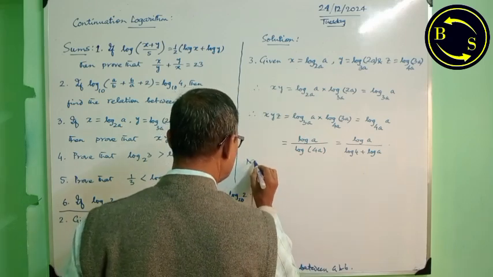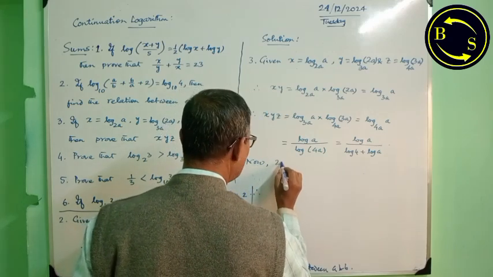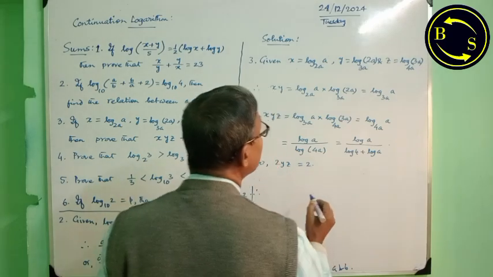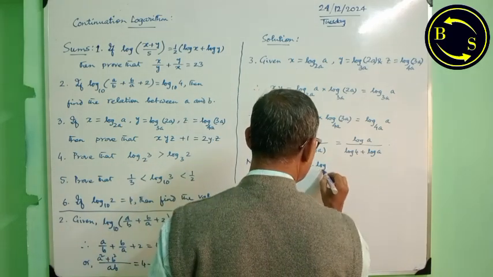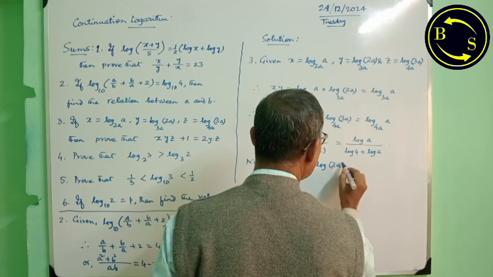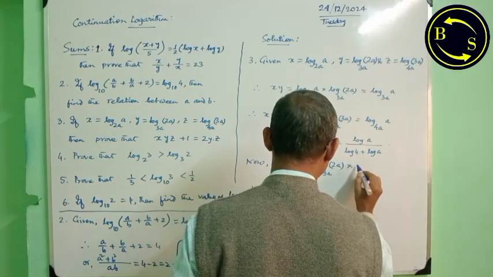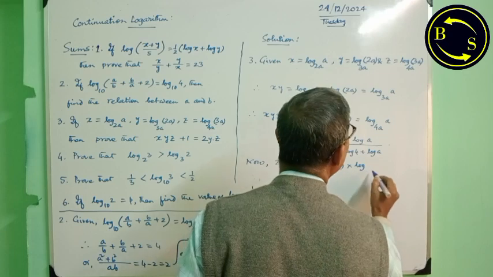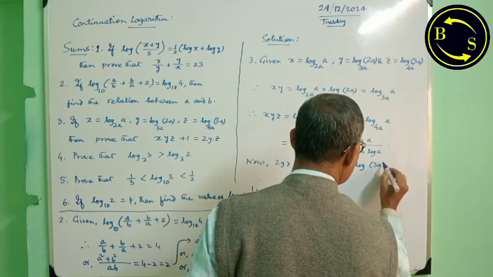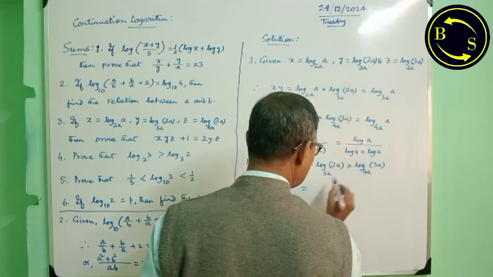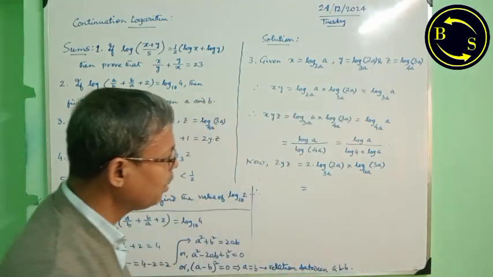Now 2yz, that is equal to 2 into log of 2a to the base 3a into log of 3a to the base 4a. Now again we use the base changing formula.